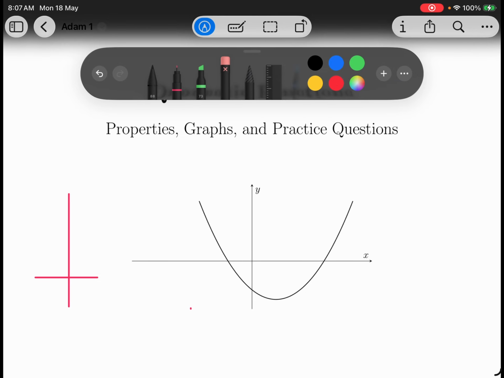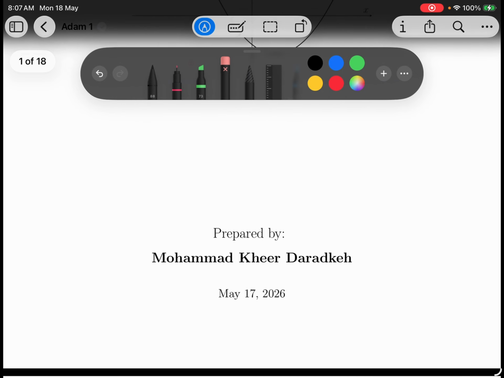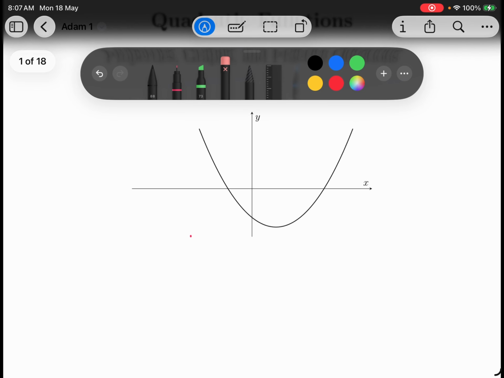So what is the y-coordinate of the vertex anyway? The vertex itself, we know that the vertex is at minus b over 2a, and f of minus b over 2a.